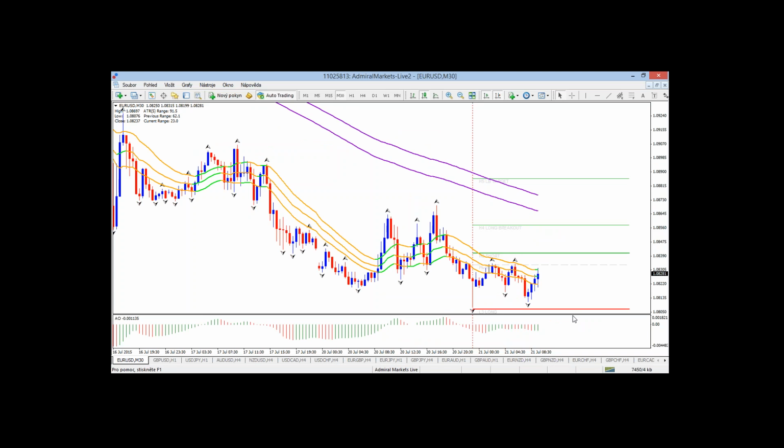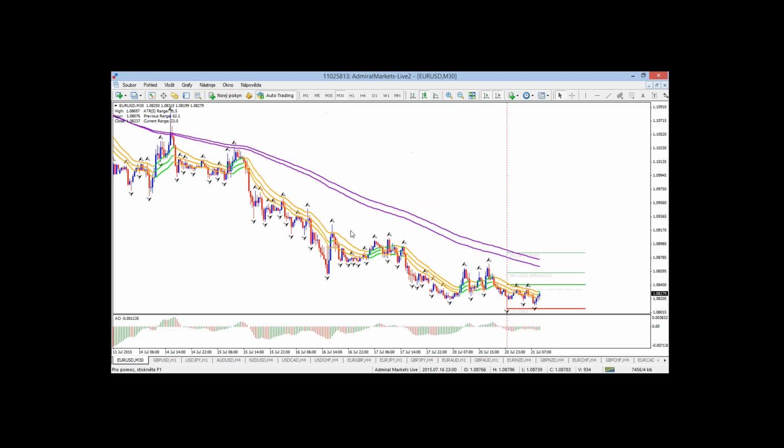So, sorry, 30-minute chart. Let's see. From this point of view, we're making some kind of channel to the downside like this. And a break of that channel, well, it depends how you draw it, but anyhow, roughly like this. Maybe like that, just a bit better.